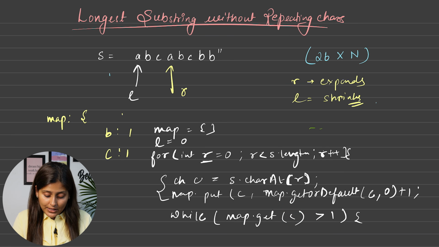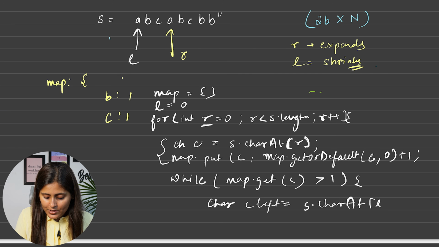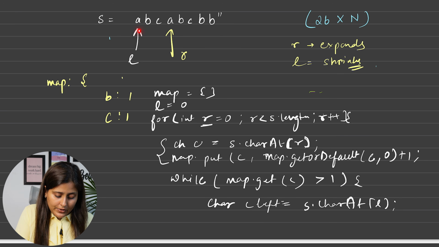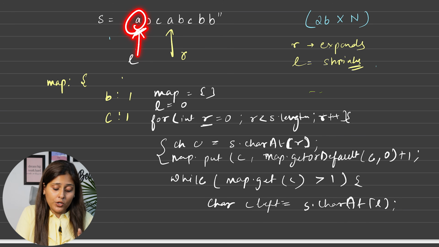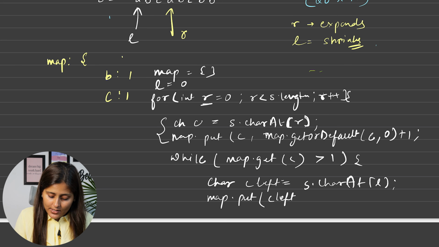Now how will we do the shrinking? We'll read the character cLeft, s.charAt(left), by the left pointer. Whatever the character is, here we see the character is A, that's what we want to reduce. So first we will reduce the frequency. We'll do map.put of this cLeft character, and the frequency we want to reduce: map.get(cLeft) minus 1.